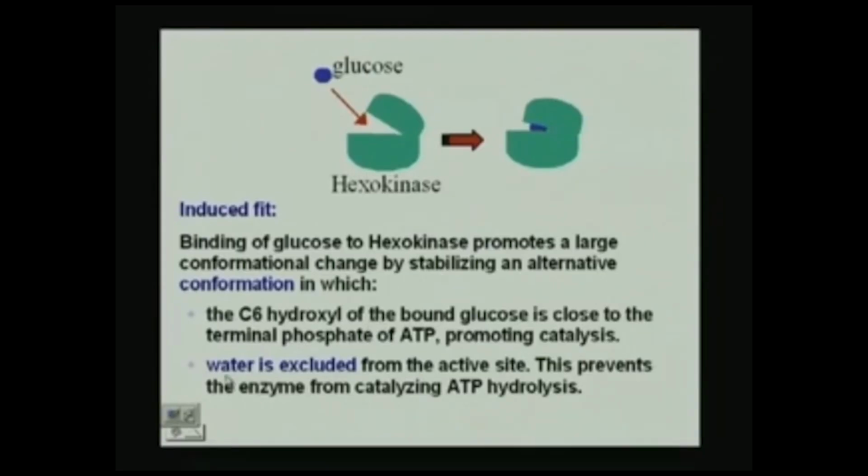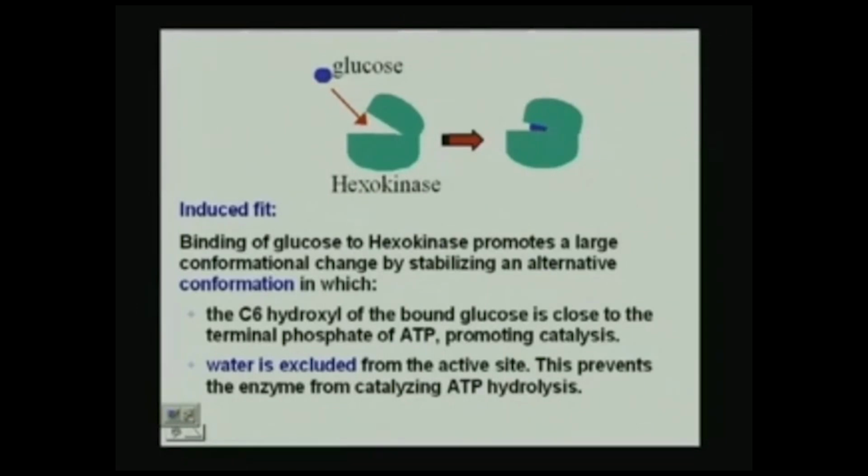So, and we also have this important point where water is excluded from the active site, because what would happen if water would be there? ATP would be hydrolyzed. Okay, we don't want the hydrolysis of ATP, we want the phosphate to be transferred only to glucose.